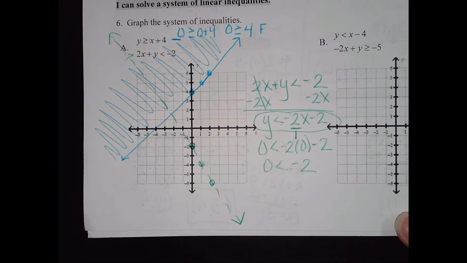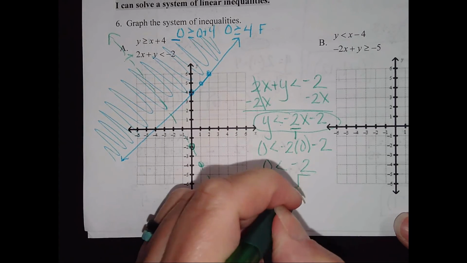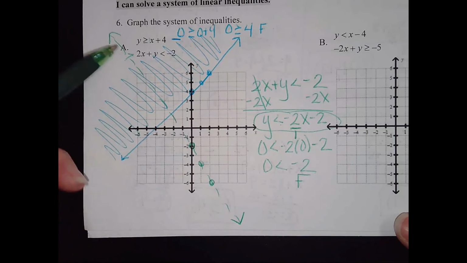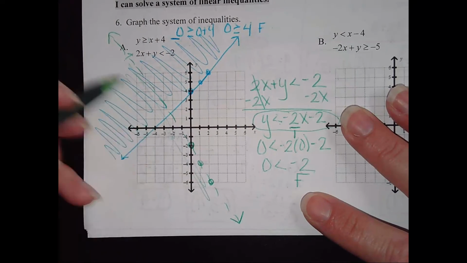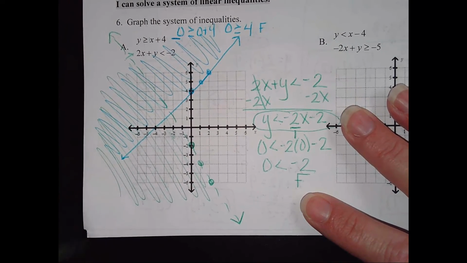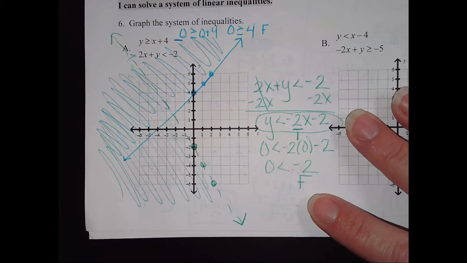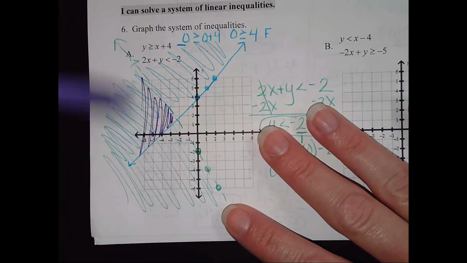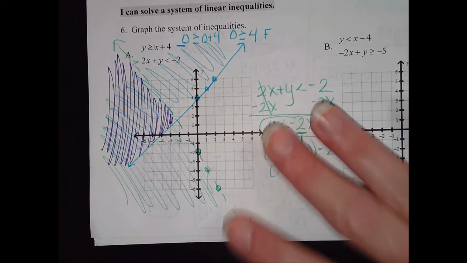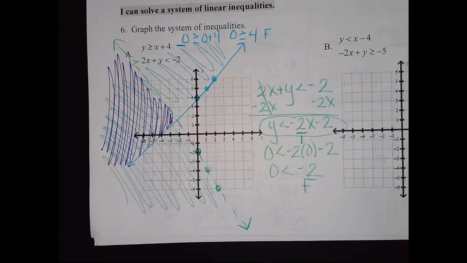Is 0 less than negative 2? No. So that means looking at your line here, we do not shade where 0, 0 is. We actually shade on the other side, and the actual solution of your system is where your shading overlaps, which means this is the actual solution. And that's how you have to do all of these.